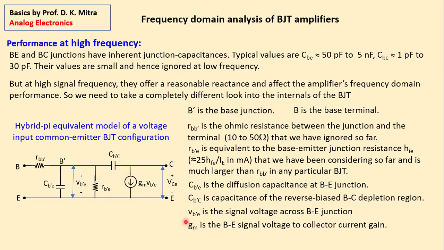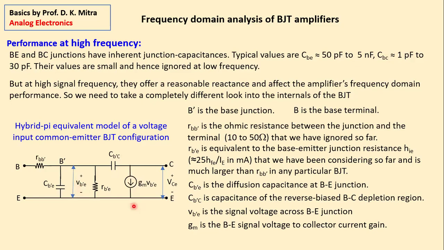GM is the ratio of the base-emitter signal voltage to current. So far we normally talked about alpha or beta, that is the ratio of collector current to base current. But today's deduction will be easier if we start with the ratio of collector current to base-emitter voltage, and we have just given it a name, GM. So the collector current is GM multiplied by VB'E.